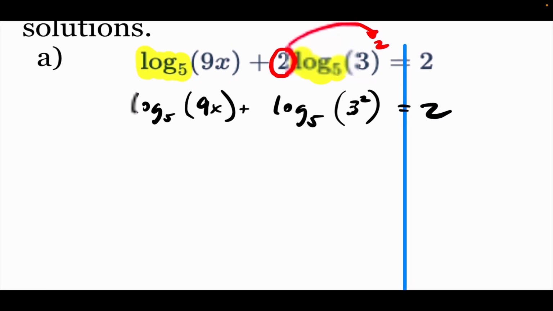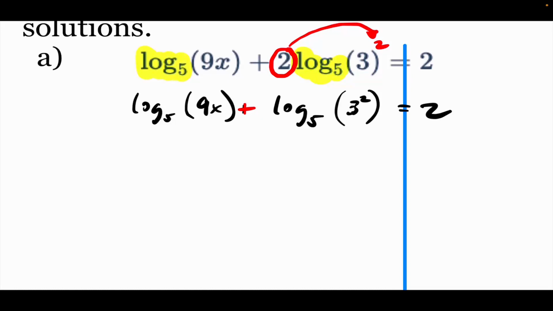Okay. Now, the 2 logs are attached by a plus sign. Which one of the properties goes with the plus sign? Quotient, product, or power? The product multiplication went with plus.